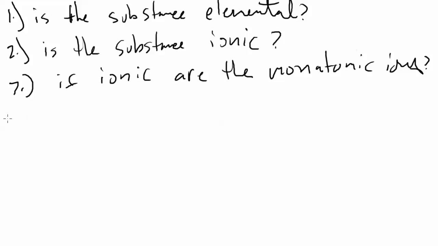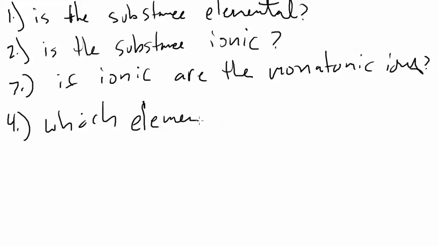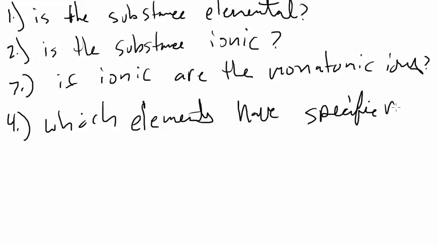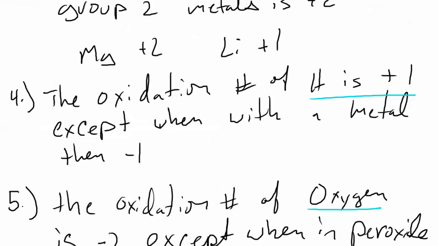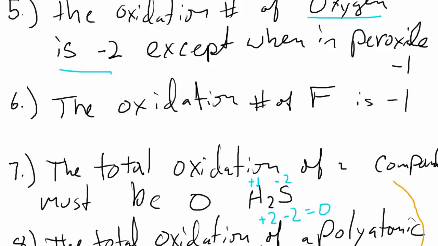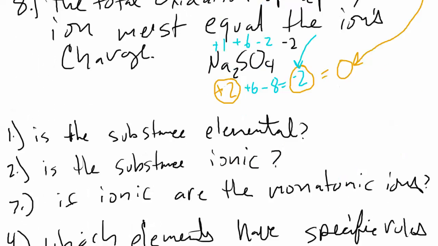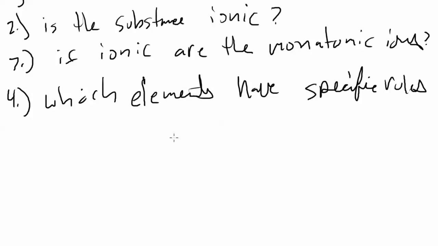And then if we look at the fourth question, which elements have specific rules? So you're looking for things like hydrogen, oxygen, and fluorine, because those elements have specific rules. So you always want to be on the lookout for those elements in your compounds.